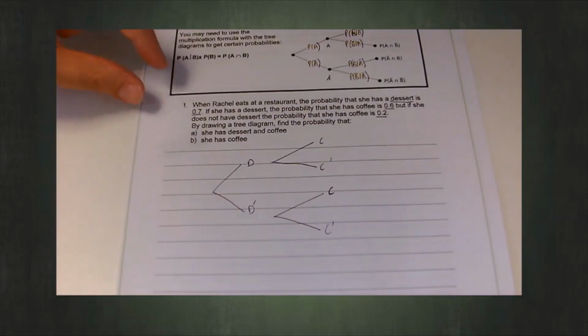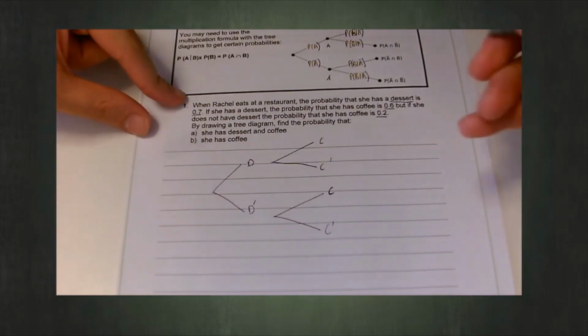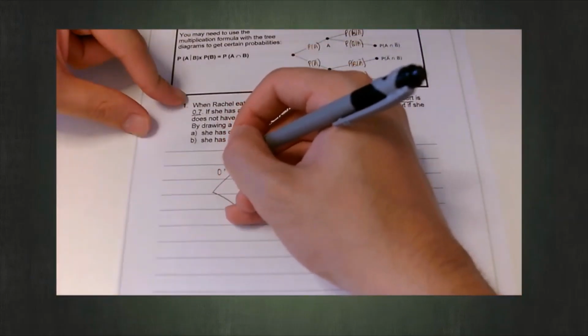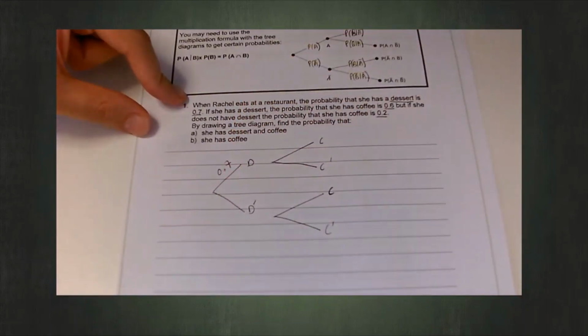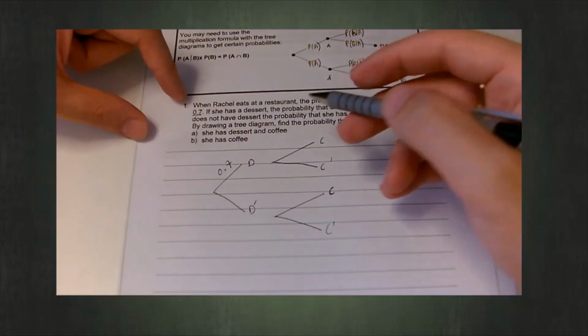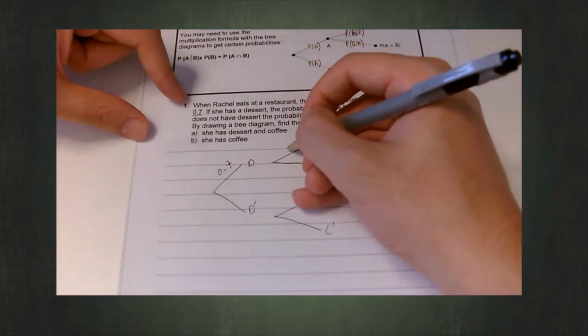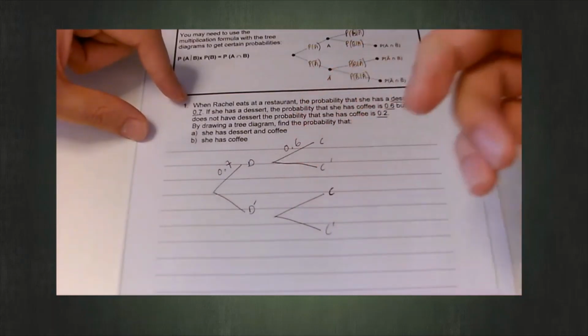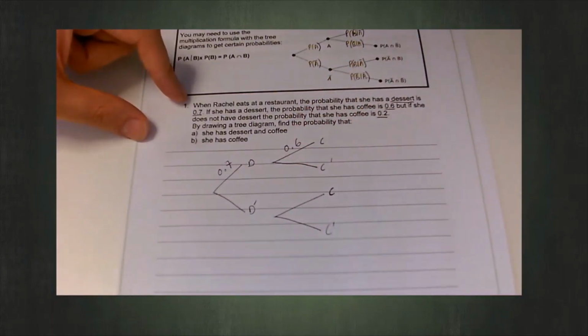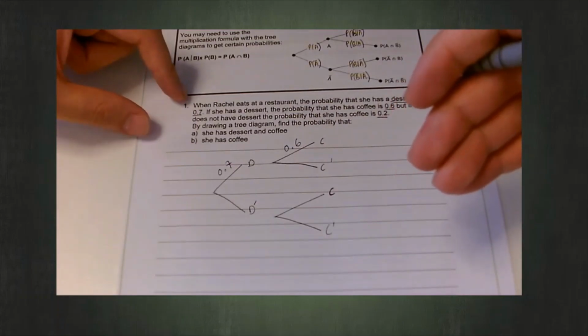The first thing we've got to analyse is the probability she has a dessert, 0.7. If you read the question, it says if she has a dessert, the probability she has a coffee is 0.6. So the conditional probability C given D is 0.6.